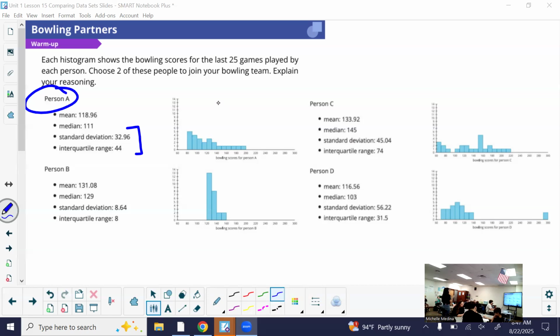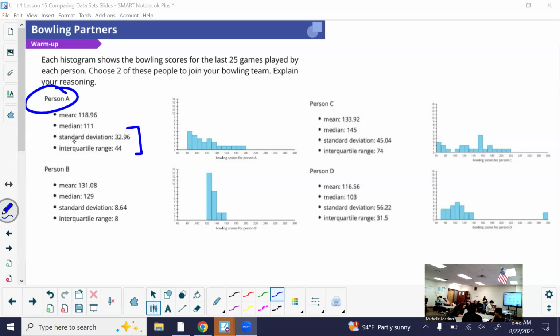Okay, so high variability would technically be less consistent. So when you compare, I put some lines around our measures of variability. And it kind of just depends what you think we should look at. So standard deviation looks at all of the data.